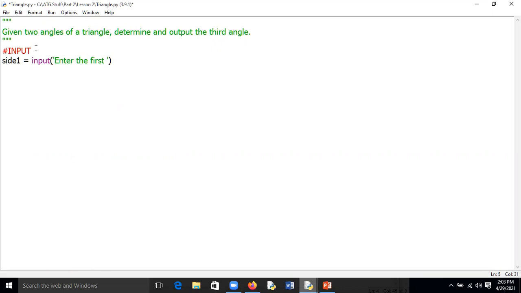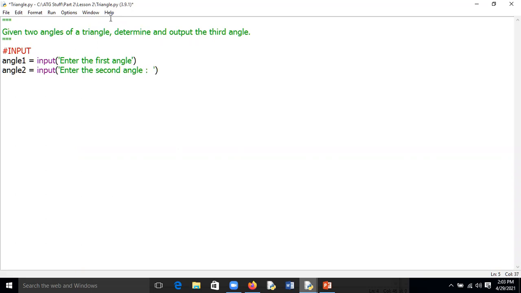Sorry, it's not side, it's angle. Enter the first angle, right? And then angle 2 is assigned input, enter the second angle.